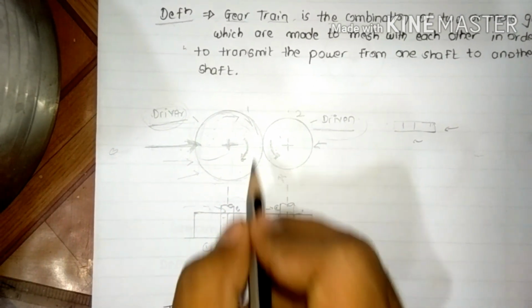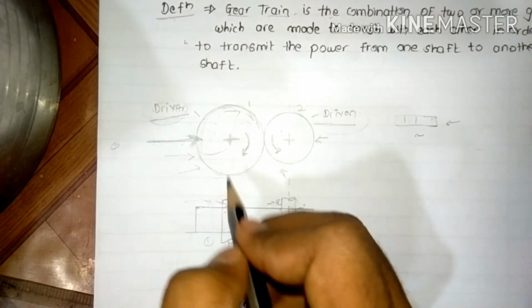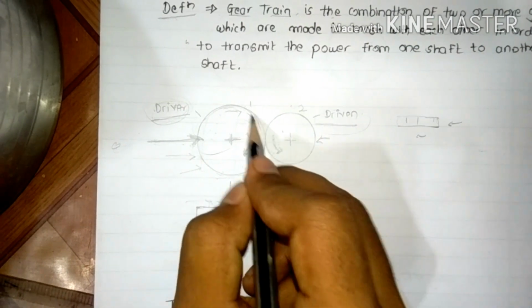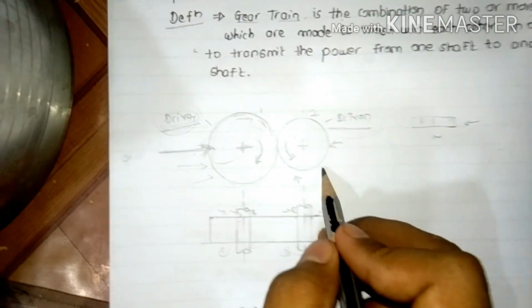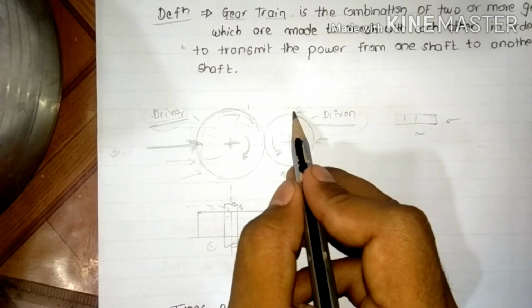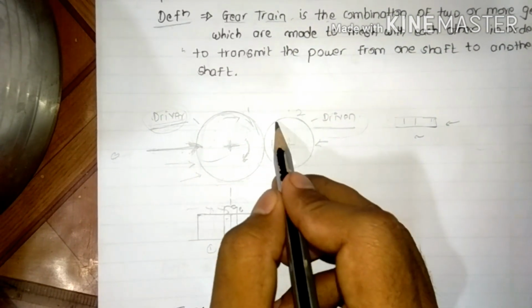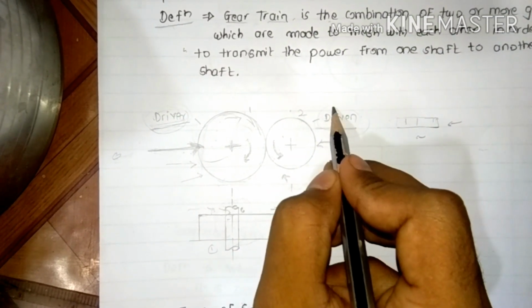On the first shaft, the first gear is mounted, known as the driver, and on the second shaft, the second gear is mounted, known as the driven gear.